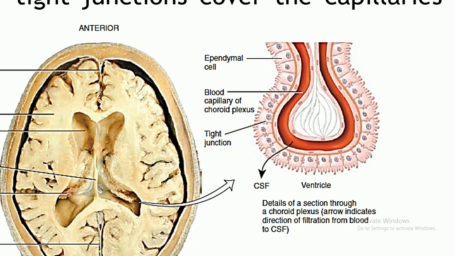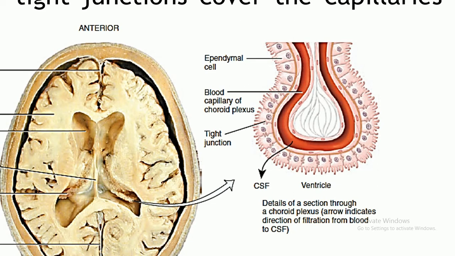That's the blood capillary. These are the endothelial cells. Now this blood capillary is lined by these ependymal cells, and these ependymal cells have tight junctions. So because of these tight junctions, any substance cannot cross in between these ependymal cells.